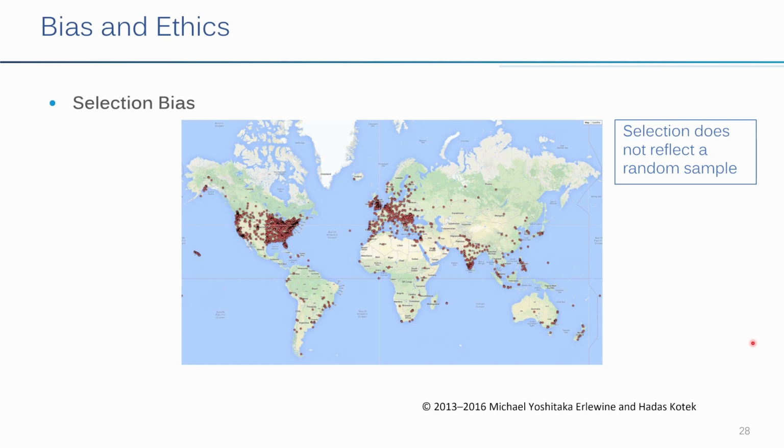The thing is, sometimes selection does not reflect a random sample. By using Amazon Mechanical Turk, one might think, well, I'm trying to be as agnostic as possible, but the truth is that most of the evaluators coming from Amazon Mechanical Turk are located in North America, right here, and somewhat in Europe, whereas all the others are pretty much not considered.